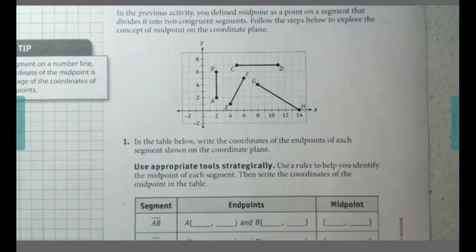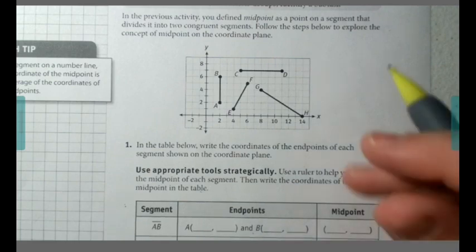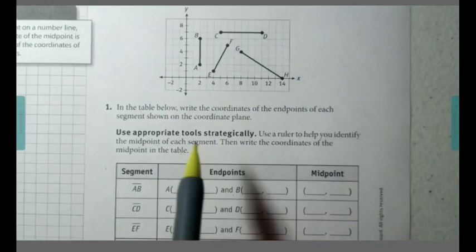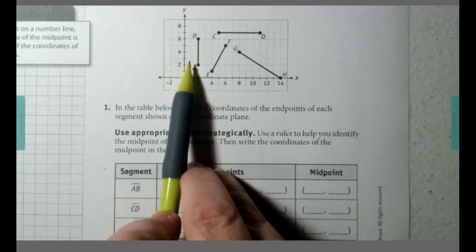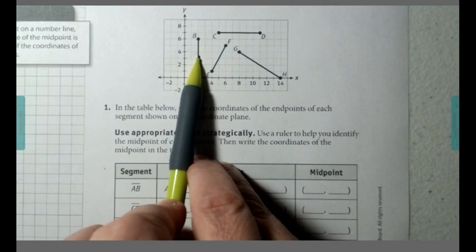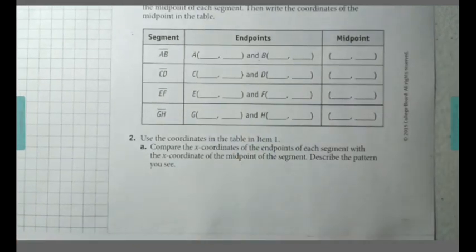Now, recall that we talked about midpoint, and it creates two congruent segments. So it's basically cutting your line in two equal parts, or in half. Okay? After you find your endpoints and do your best to find your midpoint, then we're going to go back and look at the coordinates and see if we see any type of patterns.